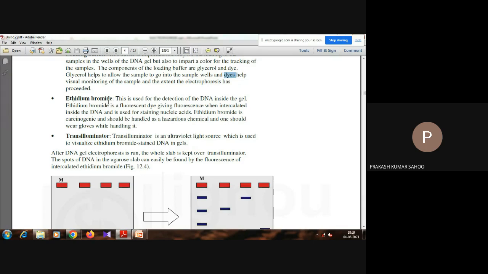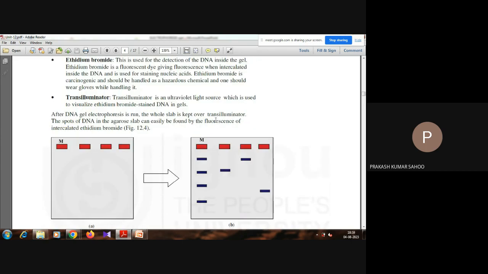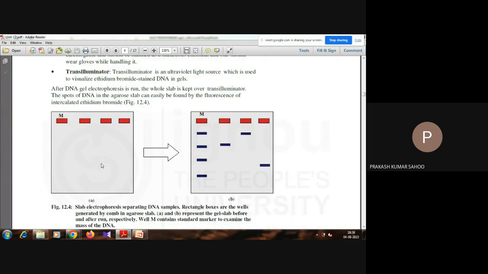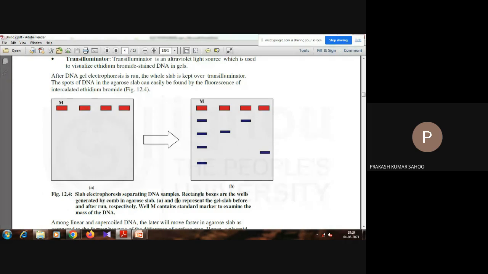It is just a chemical required for the electrophoresis of DNA. Then we have the transilluminator. These are UV light sources which are used to visualize ethidium bromide stained DNA gels.